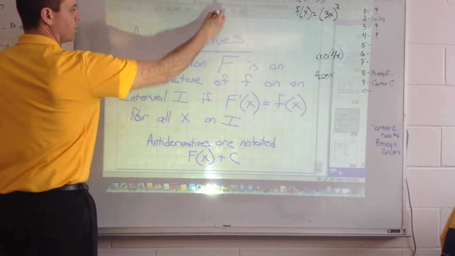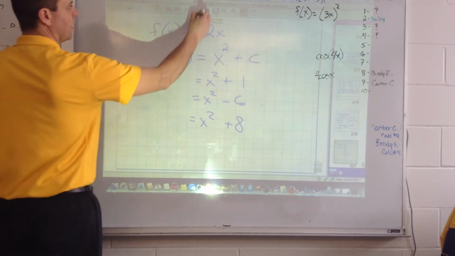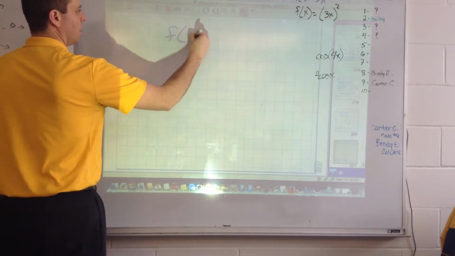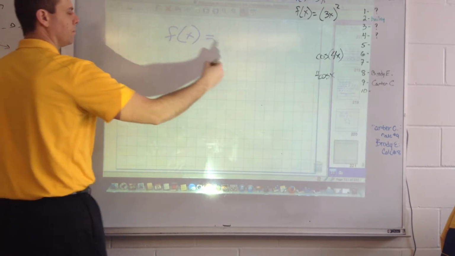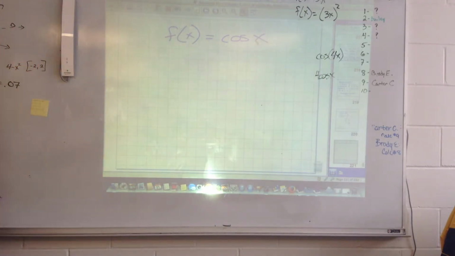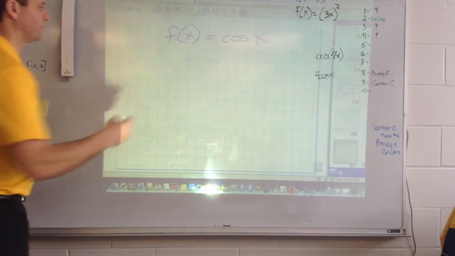So that one was pretty self-explanatory. Let's say I gave you another one. This one would be pretty simple as well. Let's say f of x equals cosine of x. What is the antiderivative of f of x? Sine x plus c.